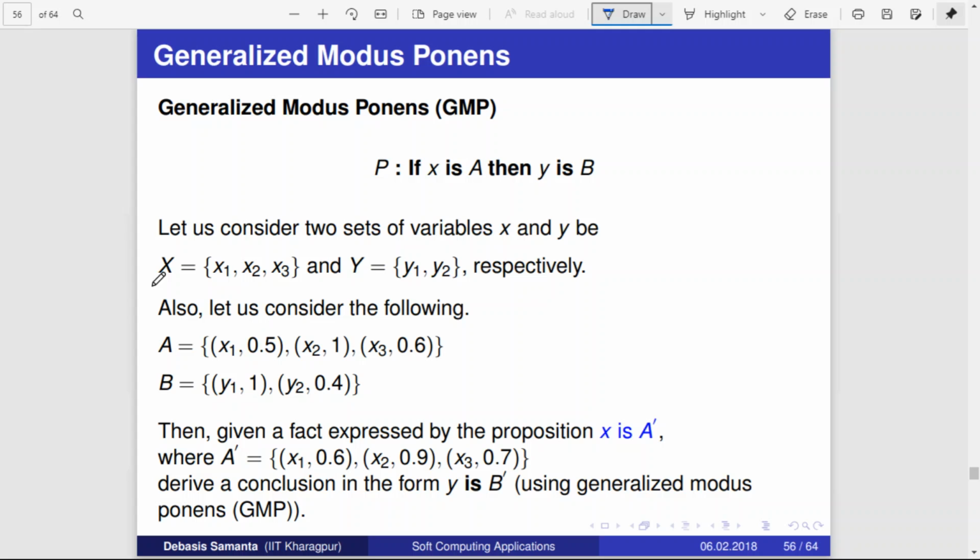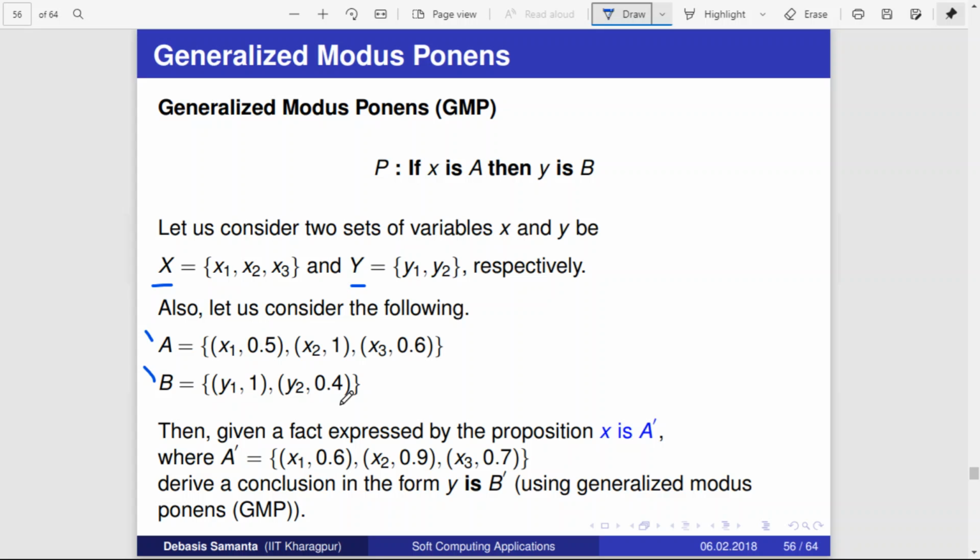X contains x1, x2, x3, and y contains y1, y2, y3. From this we are defining fuzzy set A and fuzzy set B. Fuzzy set A is defined as x1 0.5, x2 1, x3 0.6, and fuzzy set B is defined as y1 1 and y2 0.4.